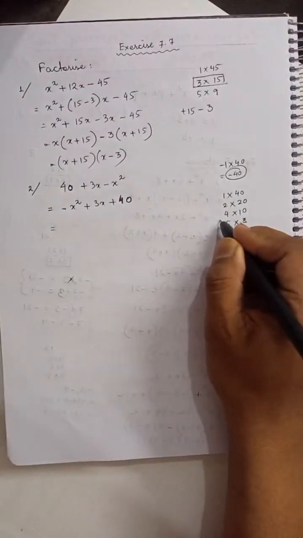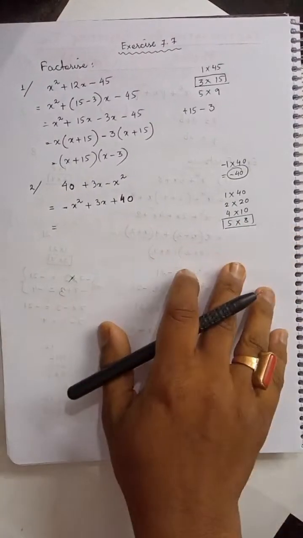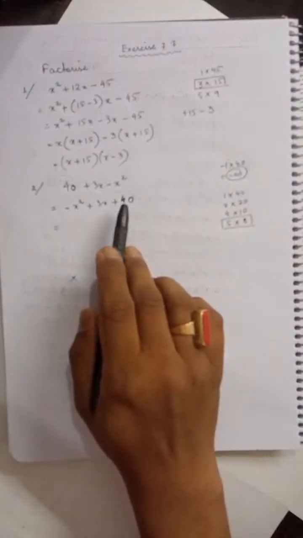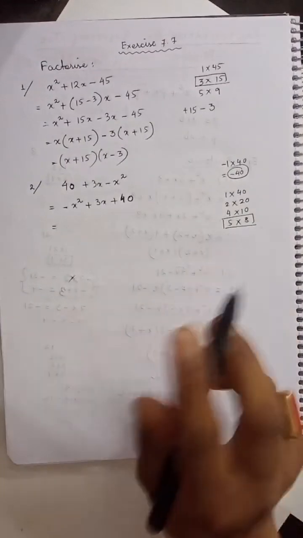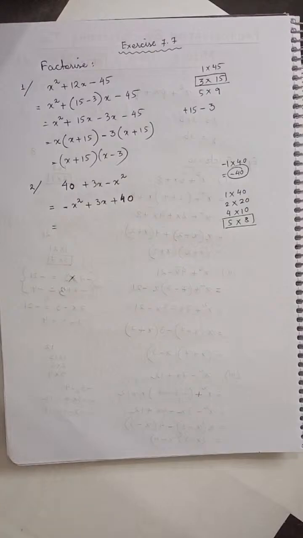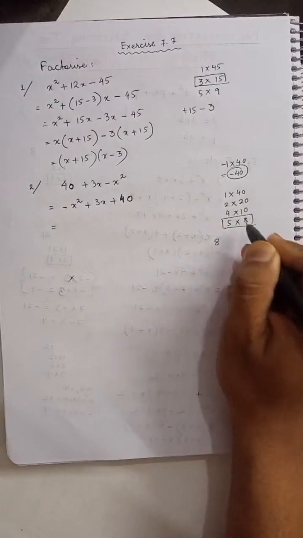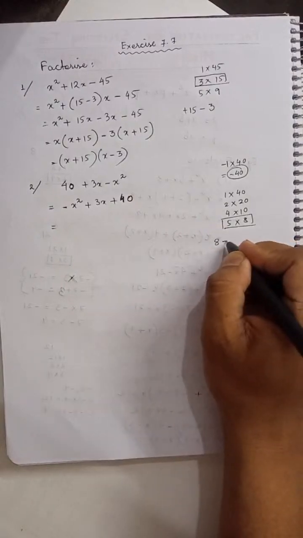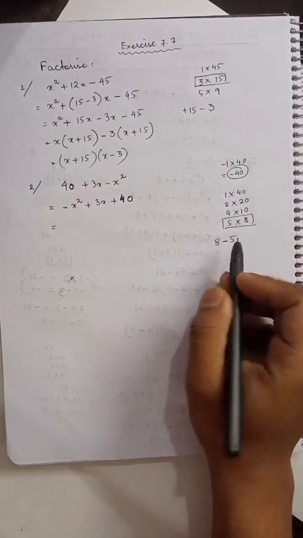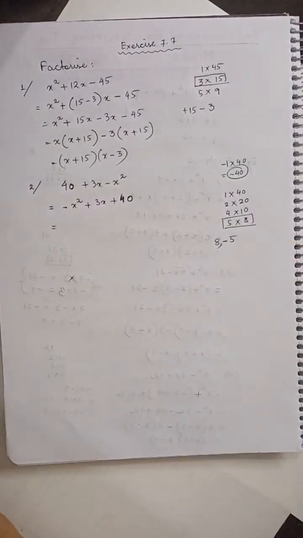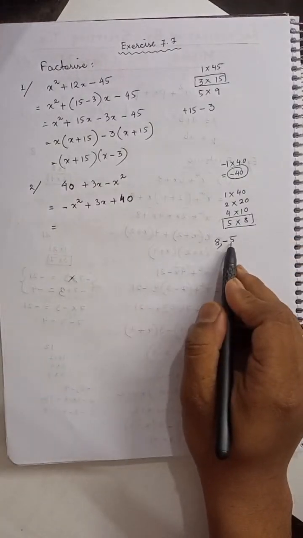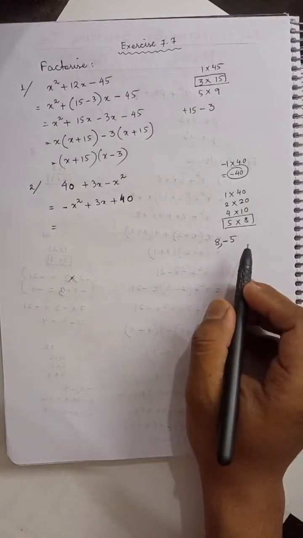So we will take this. Now whenever there is a negative term, make sure that one of the numbers is positive and one of the numbers is negative. Now which one to take positive and which one to take negative? The middle term is positive, so always keep the greater number positive and the smaller number negative. So this has to be our combination: 8 and minus 5. 8 times minus 5 is minus 40 and 8 minus 5 is plus 3.